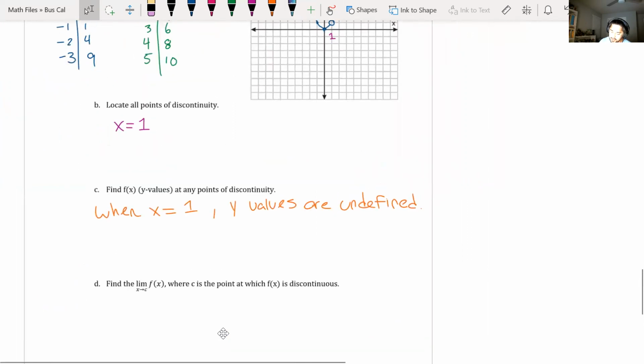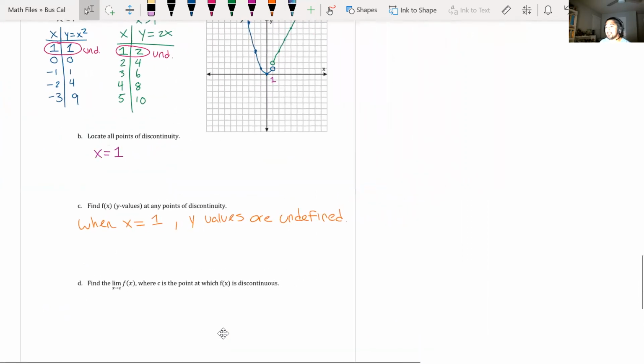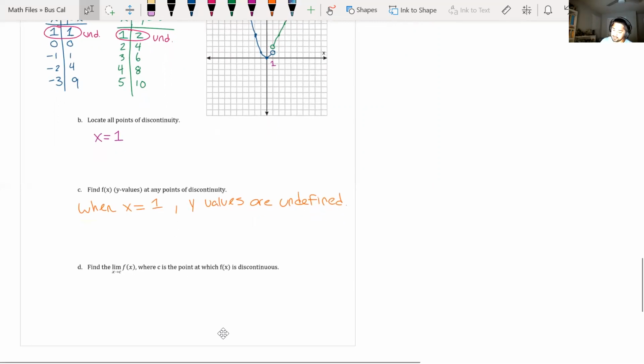All right. And then D says, find the limit as x approaches C of f of x, where C is the point at which f of x is discontinuous. So basically, in a nutshell, we are going to examine this function at the discontinuous x value of 1. So all I'm going to write here is the limit as x approaches 1 from both sides of our piecewise function f of x.